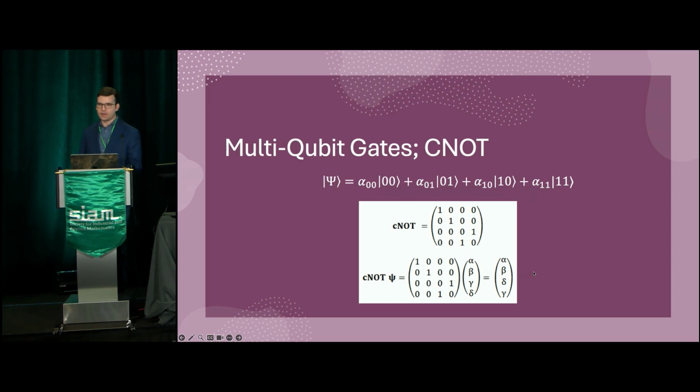And you can prove that, just work out the linear algebra on your own during the break or something. But essentially, this first qubit acts as a control, which is why it's called the control NOT gate. So depending on the value of your first qubit, the second qubit will get flipped or not, is one sort of interpretation.